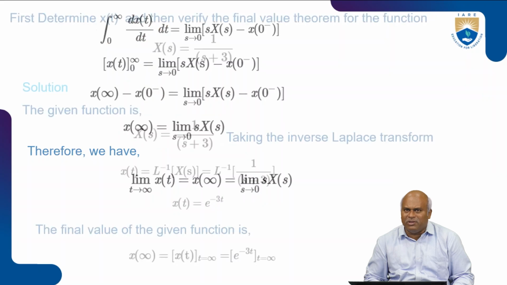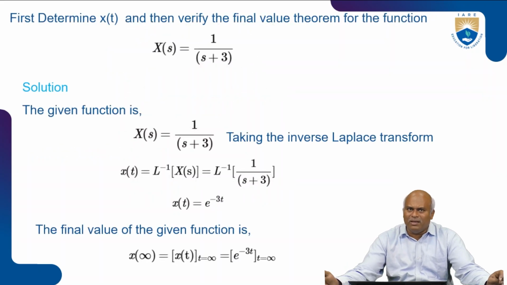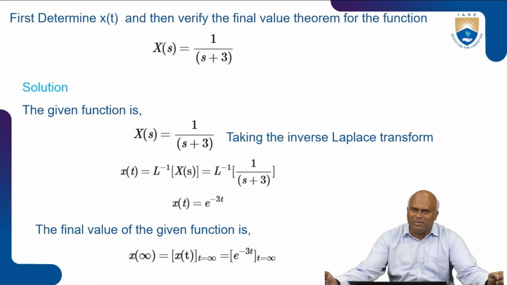Next we go for a numerical example. First determine x(t) and then verify the final value theorem of the function. Here I take X(s) equal to 1 by (s plus 3). The given function I write as X(s) equal to 1 by (s plus 3).